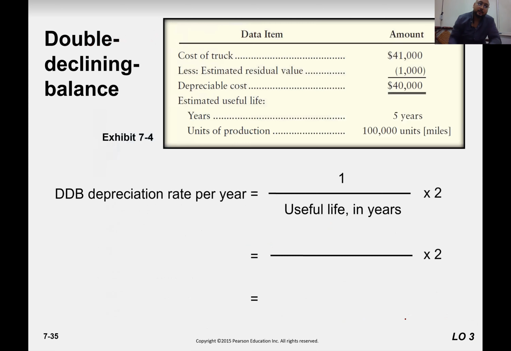How? Let's do that. We have the given data here, but the formula is different. In the double declining depreciation method, we do not use the depreciable cost, 41,000 minus 1,000. We use the rate.